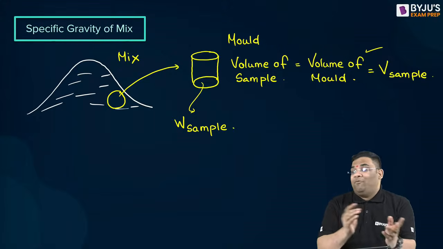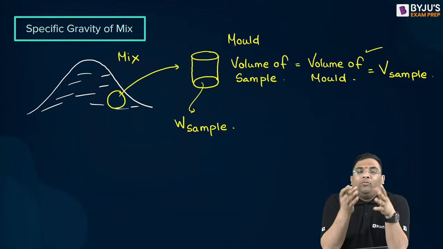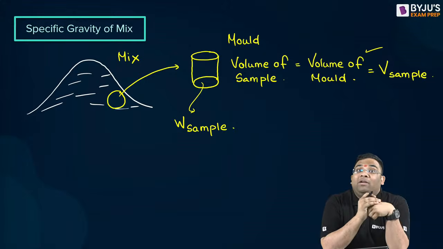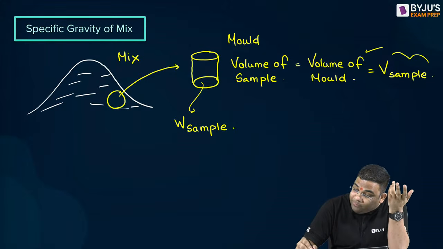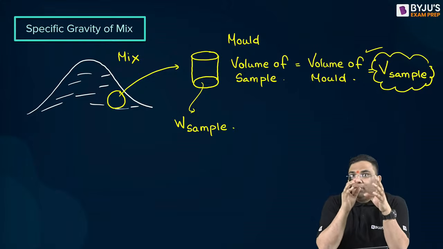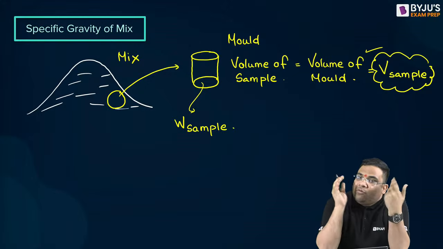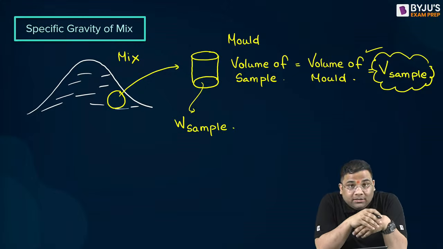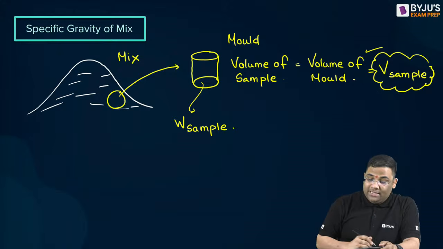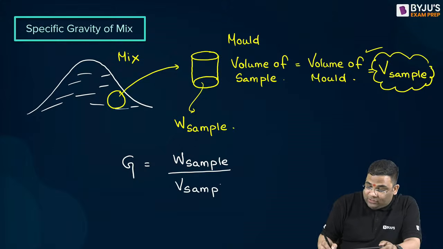Now this sample will contain everything, right? The coarse aggregate, the fine aggregate, the bitumen, even the air. So when you're taking this volume, you are taking the volume of air also, because in the total sample volume, the air volume is also included. So if I find out G by taking the weight of the sample in which everything is there, and the volume of the sample where everything is there, then this will give me the actual one.